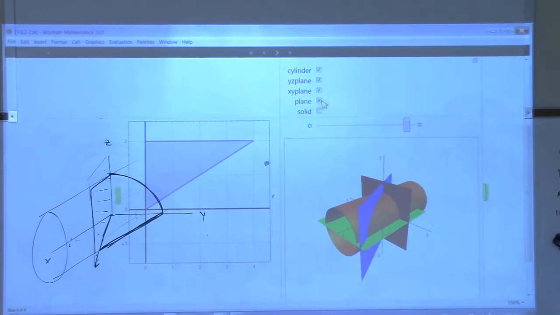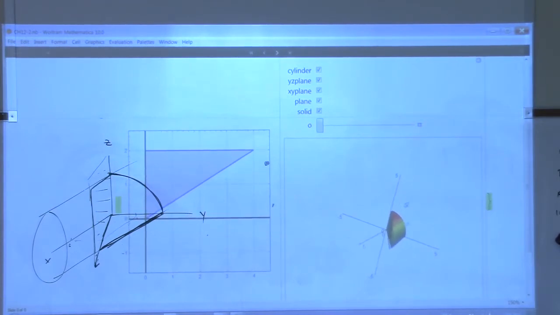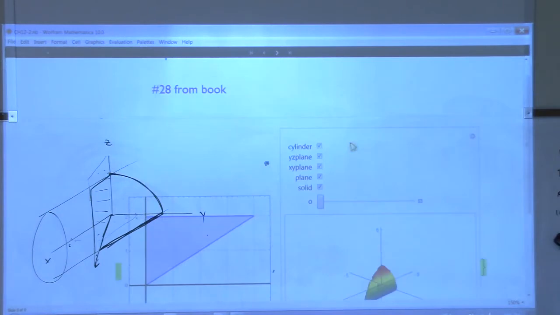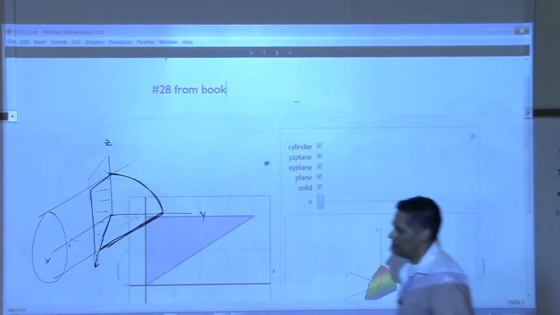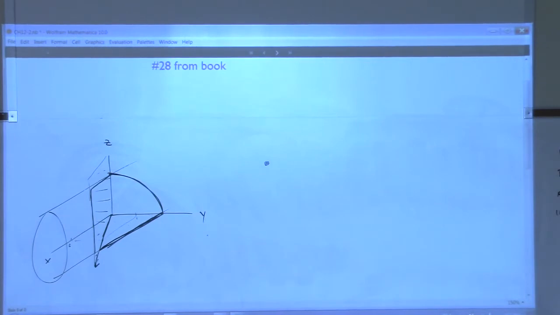Here's x equals 2y. We're talking about that solid right there. Take all that out of here. That's what we want. We want the volume of that solid. So this is the human way of trying to draw that picture, right? So we have to do our best.